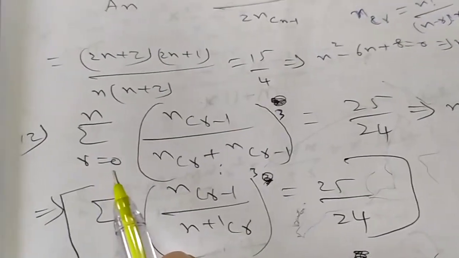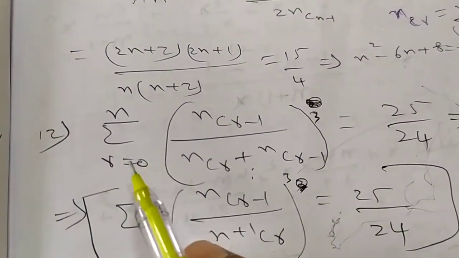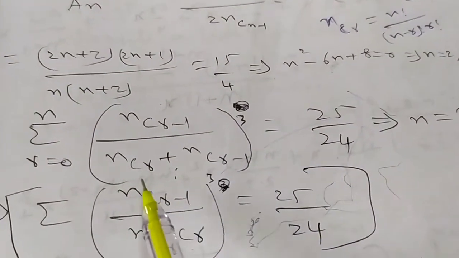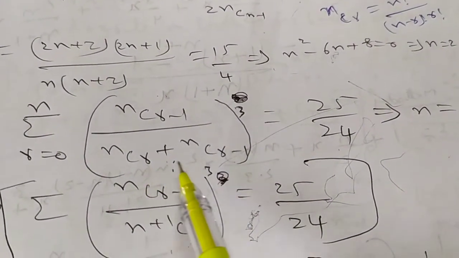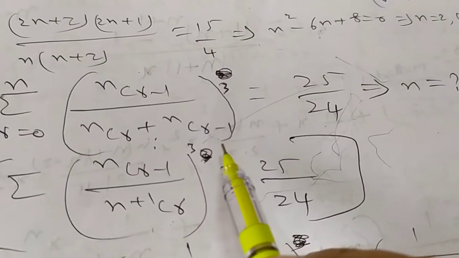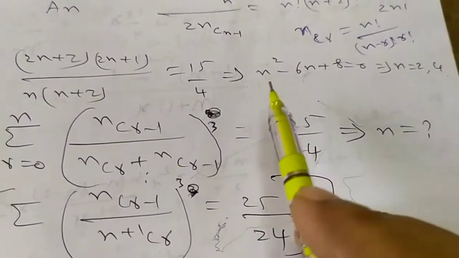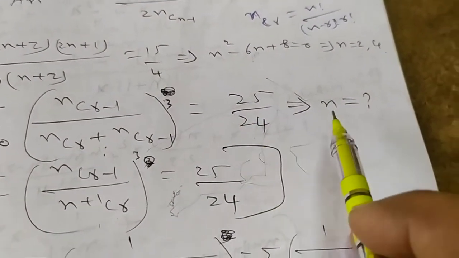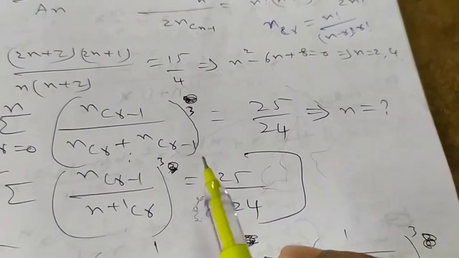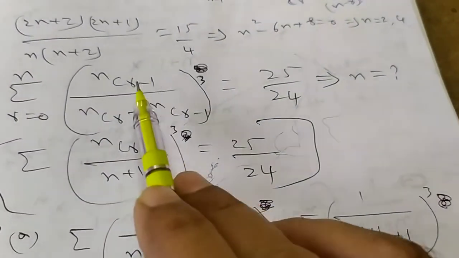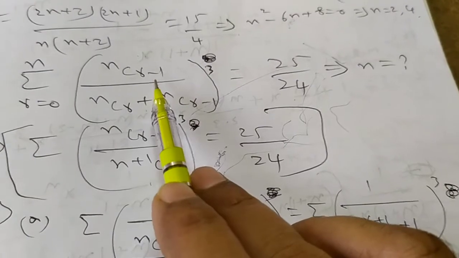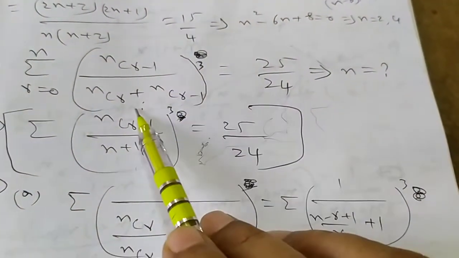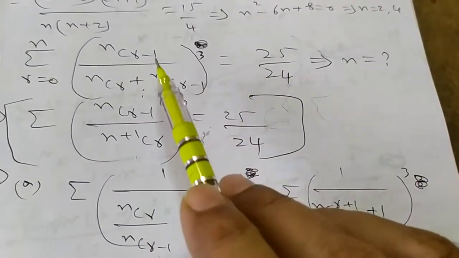Next, 12th one. Sigma r equal to 0 to n of (nCr minus 1 by nCr plus nCr minus 1) whole cube equal to 25 by 24, then find the value of n. So solve the equation type. I am dividing the numerator and denominator by nCr minus 1 inside.